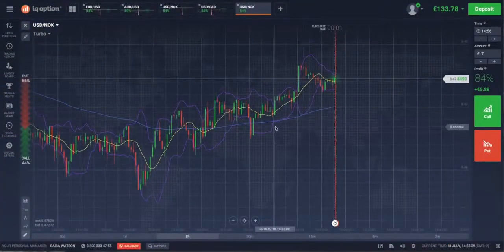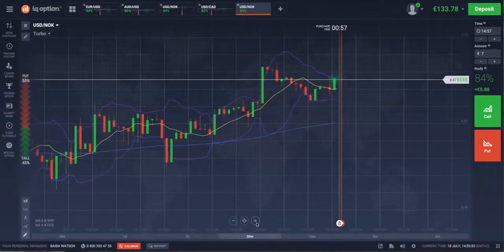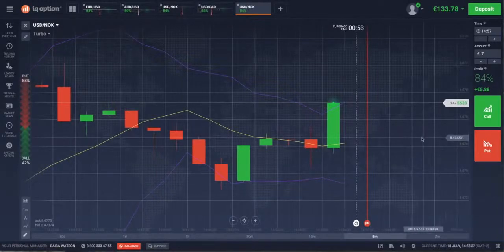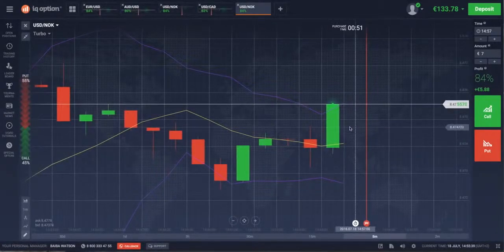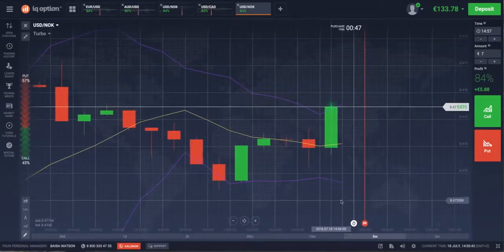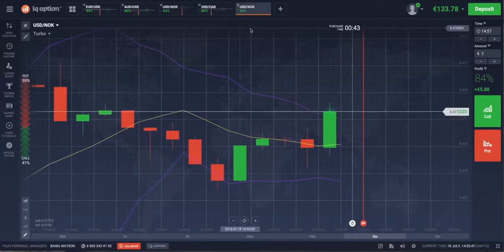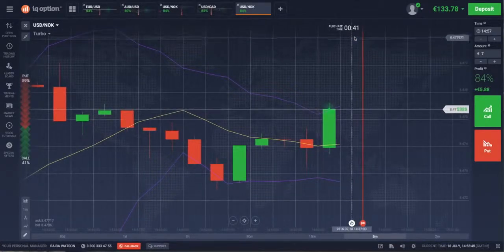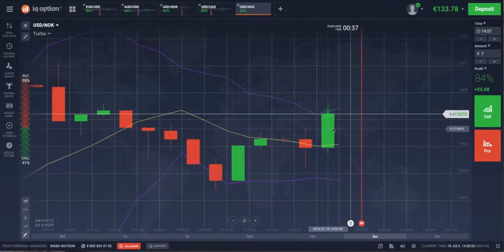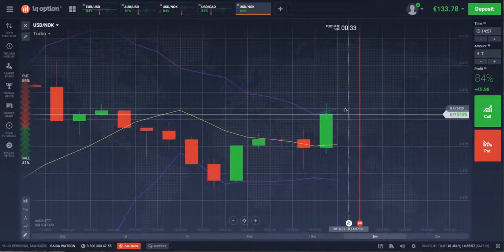So you can see that in this moment the trend is ascending, so it means that we can invest on call as soon as the candle breaks the Bollinger Bands, the upper one or the bottom one. So just check in this moment USD NOK. Okay, so we have to wait 31 seconds, and then if the bar will break the band, we will invest on call.